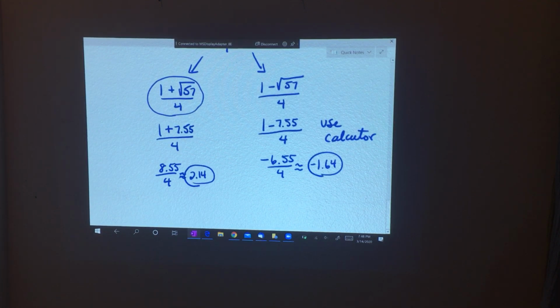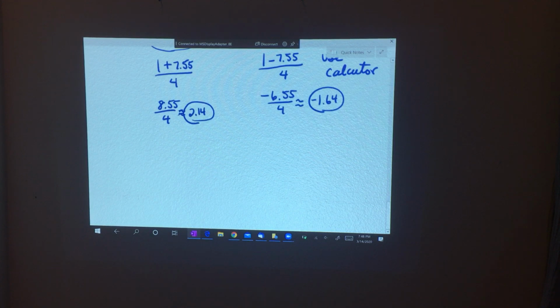So you can see that when we want to factor something, the quadratic formula is great when they don't work out evenly. It's something we couldn't generate with Magic X. Okay, so I want you guys to try 2 on your own. So solve using the quadratic formula.